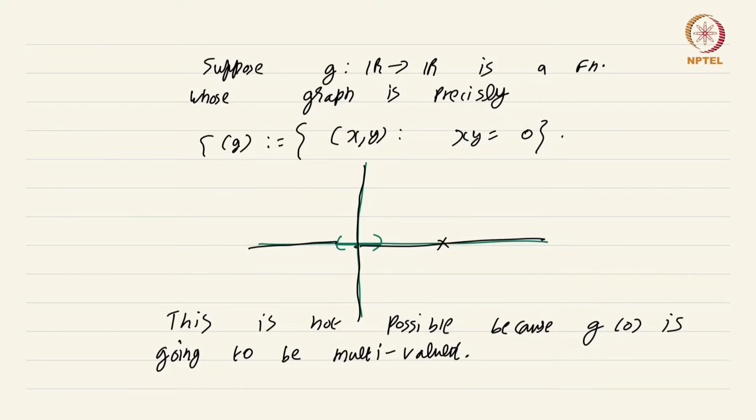The term multi-valued function itself makes very little sense. Functions are by definition single valued, so a multi-valued function is what is called an oxymoron. Such a thing is simply not possible. So we are not able to solve xy equal to 0 and get a graph.